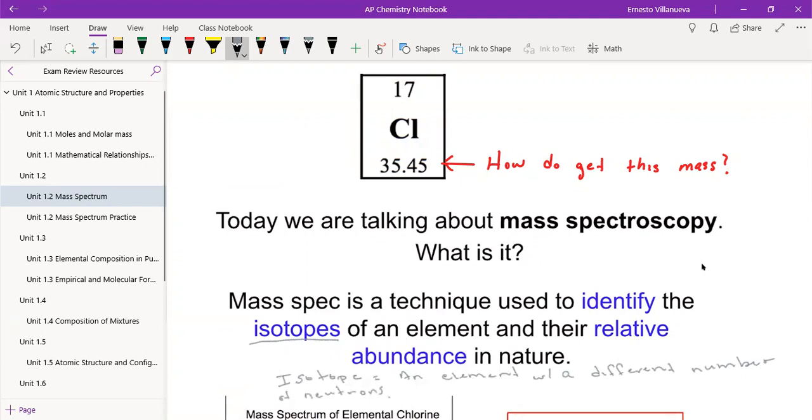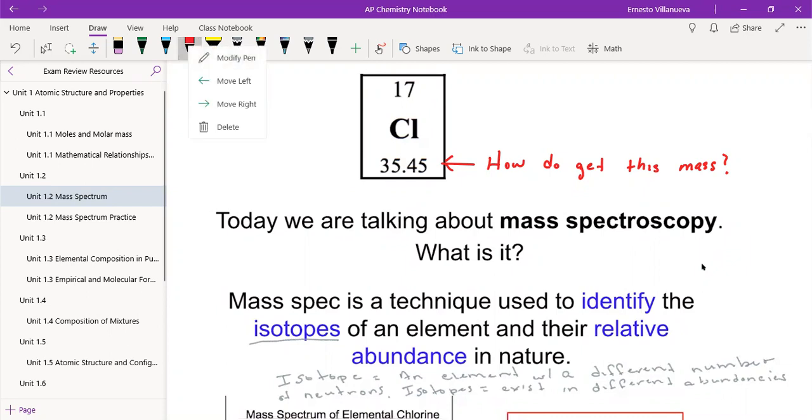Because it has a different number of neutrons, those isotopes exist in different abundances. Now, when you take all those abundances together and you combine them, that is how we calculate the average atomic mass. So to answer the question, how do we get this atomic mass?